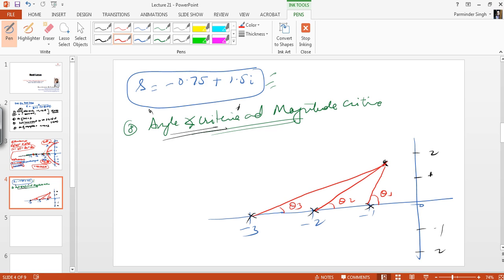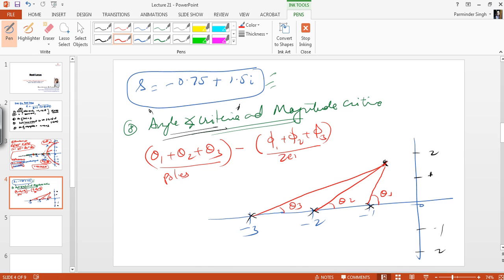Clear? So theta 1 plus theta 2 plus theta 3, these are from the poles, minus phi 1, phi 2, phi 3 from the zeros. Currently there is no zero, so this term will be 0.